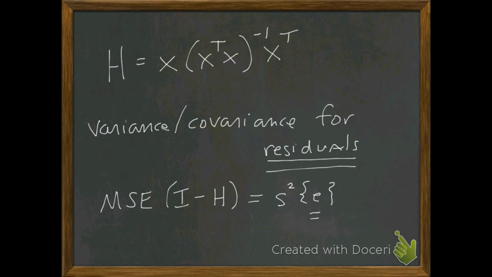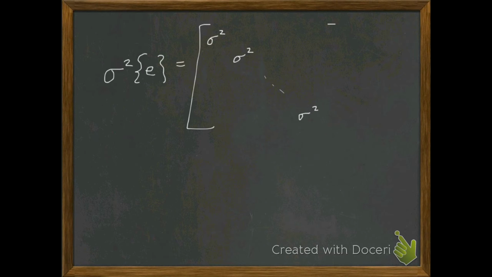By the way, guys, I did this in a video kind of in passing. But remember that this matrix is going to look like this, and ultimately it's just times the identity matrix. All right.